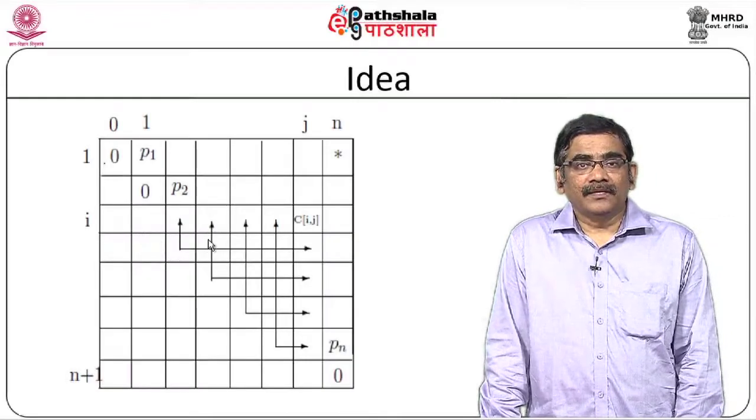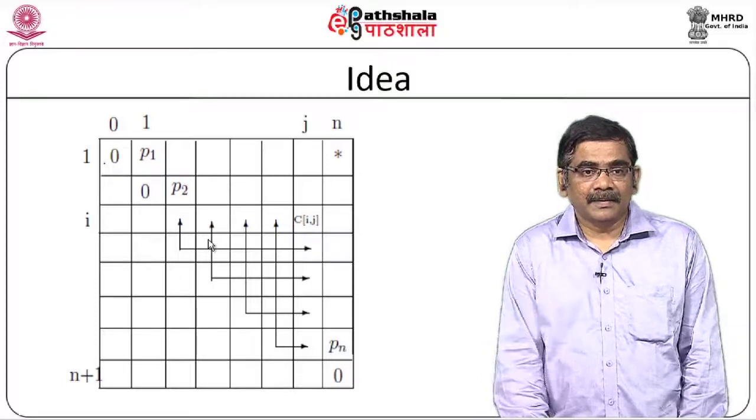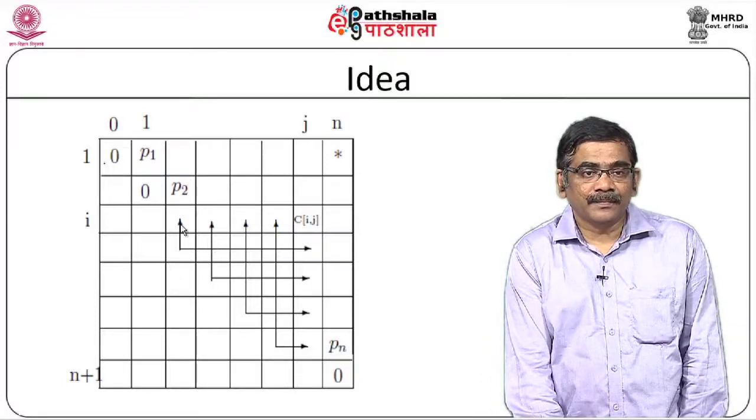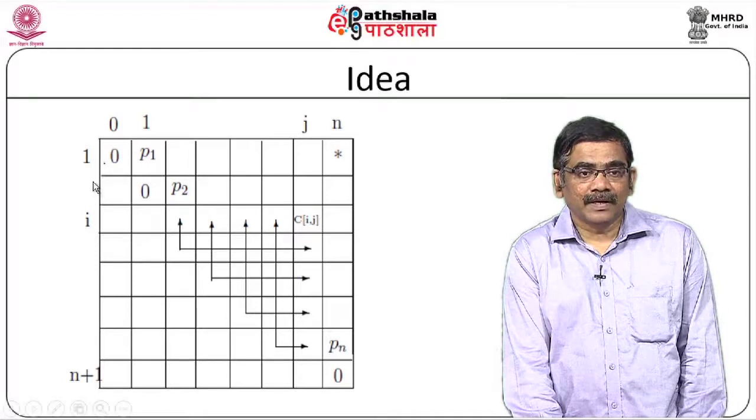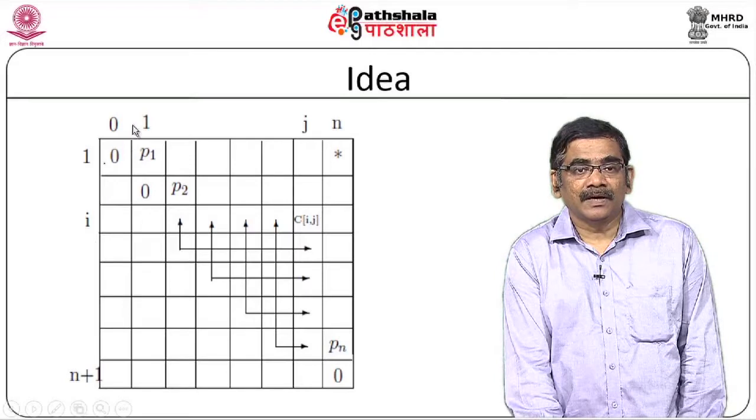So, finally, when you develop a table like this, you will get a table. You can see that on this side you have i and on this side you have j.